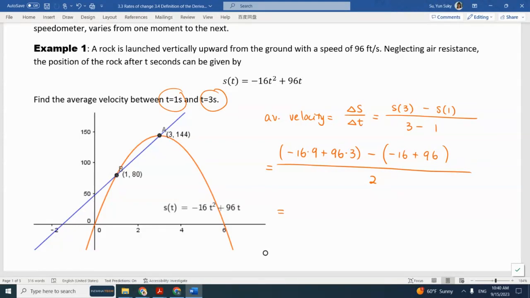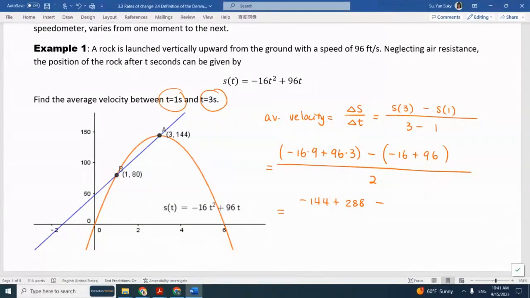Okay, now let's see. 9 times 16. 9 times 6, 54. 9 times 1, 9. 9 plus 5 is 14. So 144, right? Negative 144. 3 times 6, 18. 3 times 9, 27. So 288. Right, everybody?